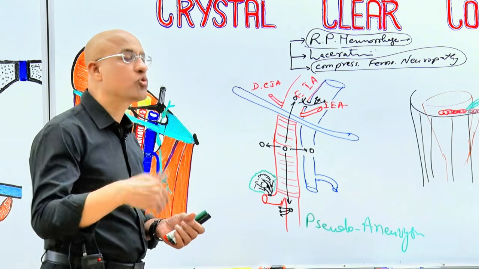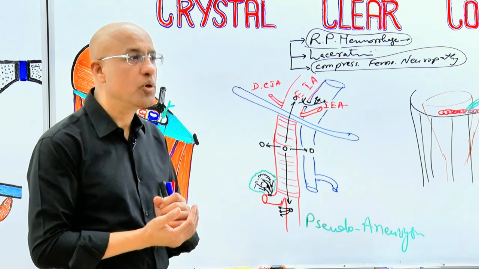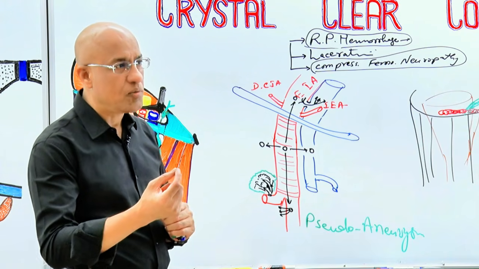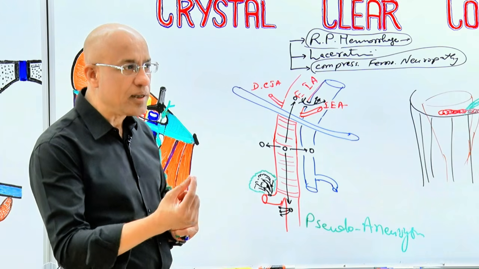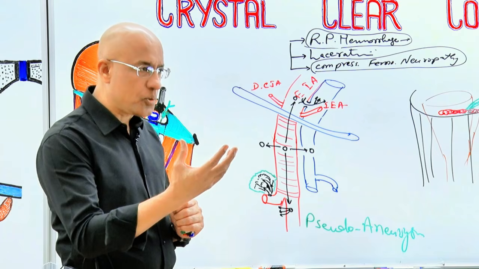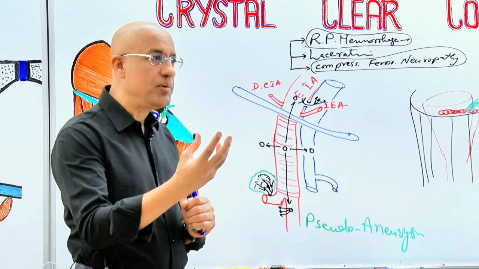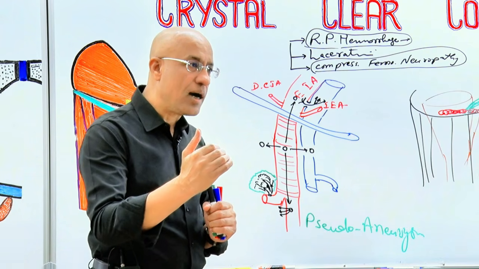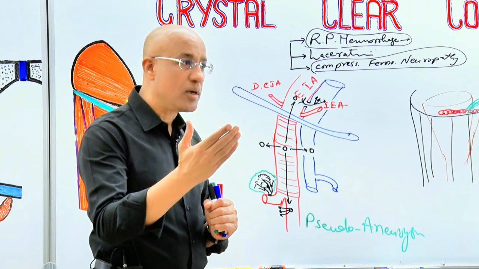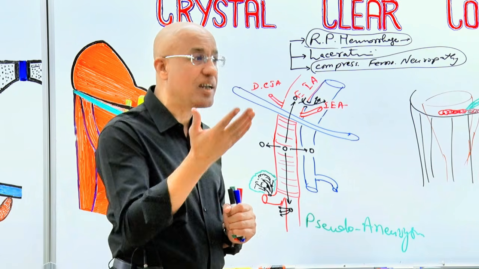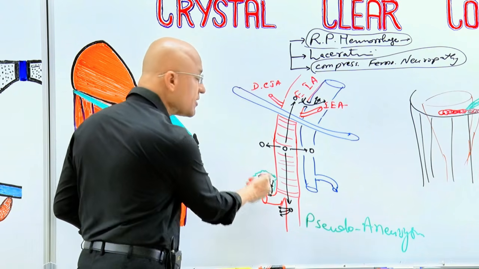This is called a pseudoaneurysm. So what is a pseudoaneurysm? It is when an arterial vessel starts leaking into the surrounding tissue and a hematoma is formed, and most of the walls surrounding the hematoma are made of the surrounding tissue, right? And usually this might be pulsatile, because with every pulse more blood is coming.